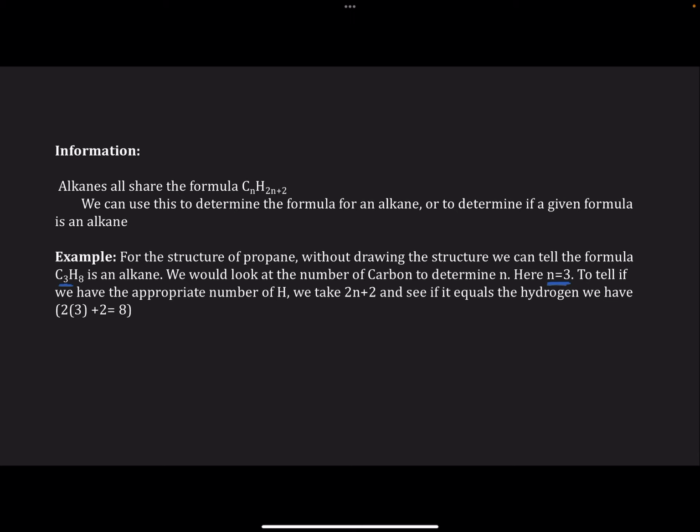Then we look to see if we have the appropriate number of hydrogens. Based on the formula, we're going to take 2n+2 and see if it equals the number of hydrogens we have. So 2 times 3, our number of carbons, gives me 6, plus 2 gives me 8. So C3H8 has the proper number of hydrogens so that all of my carbons are full, and we have an alkane.